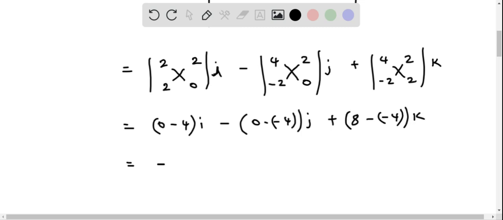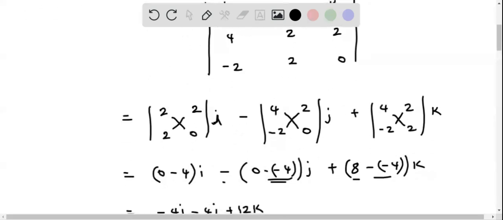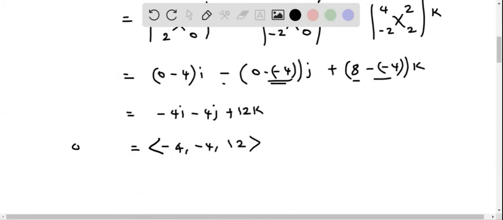So this becomes negative 4i. Here we see that negative of negative 4 is positive 4, but we have negative in front, so this is once again negative 4j, and this is 8 plus 4, which is 12. So it is 12k. And we can write this in component form. So it equals negative 4, negative 4, comma 12. So we have determined this A cross B vector in component form.